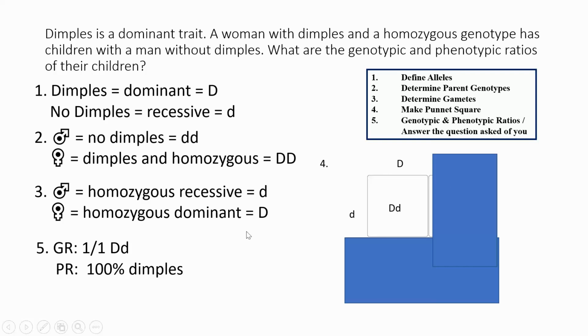And we call this what? Heterozygous. You should all be screaming heterozygous, but heterozygous means we have one of the recessive alleles and one of the dominant alleles as the genotype. So they're all heterozygous. Then our phenotypic ratio, they all have a dominant allele present, so they're all going to have the dominant phenotype, which in this case is dimples. So we have 100% of the offspring have dimples.